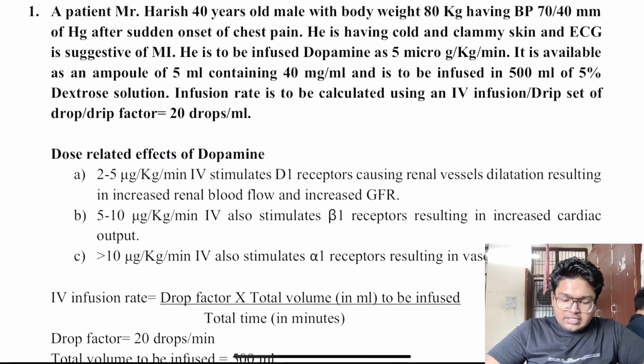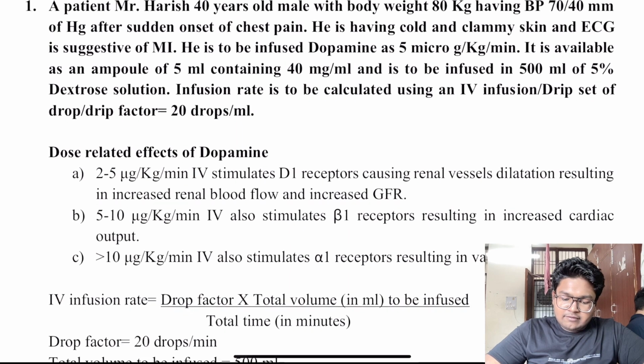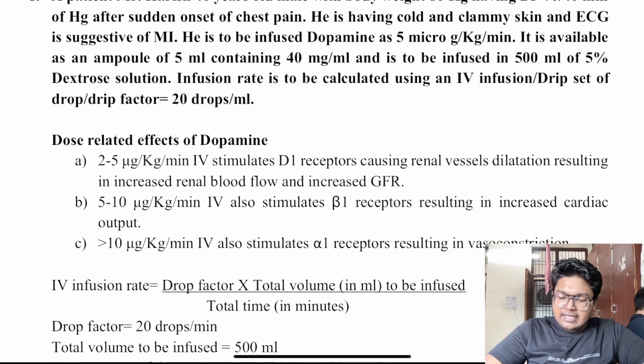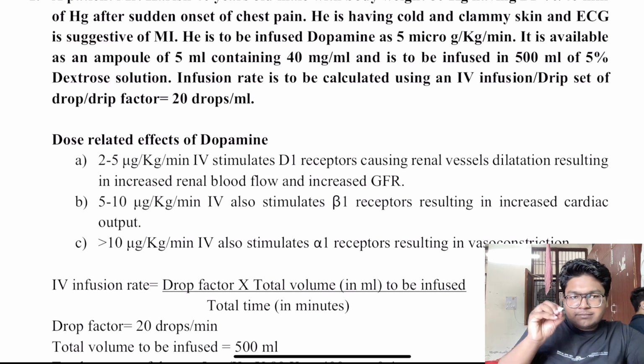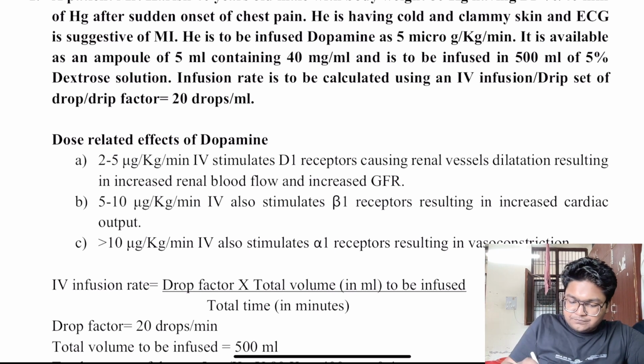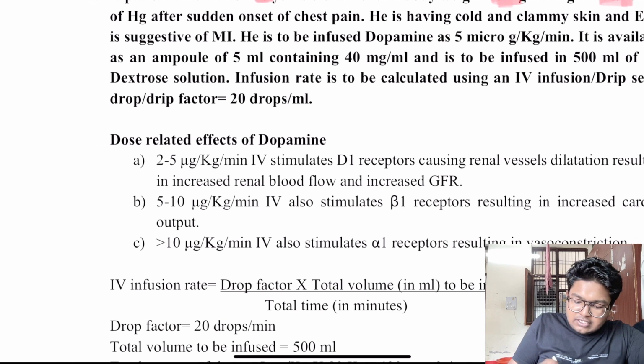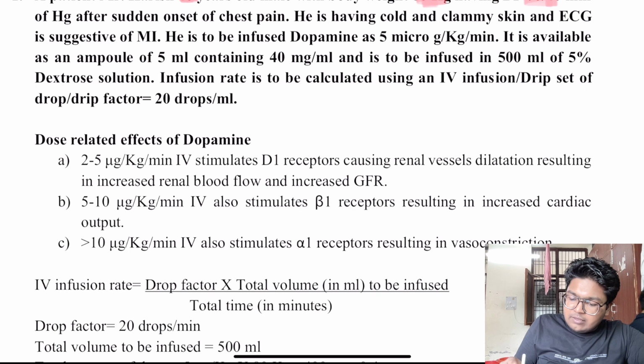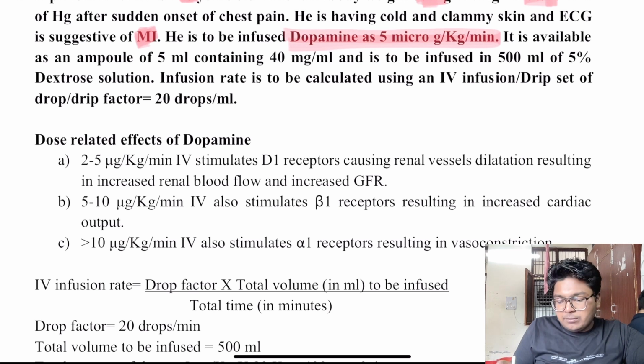Mr. Harish, a 40-year-old male with body weight 80 kg, having BP 70. Let's mark only important points: 40 years, 80 kg, low blood pressure, sudden onset of chest pain, cold clammy skin, ECG showing MI. He is to be infused dopamine 5 microgram per kg per minute.